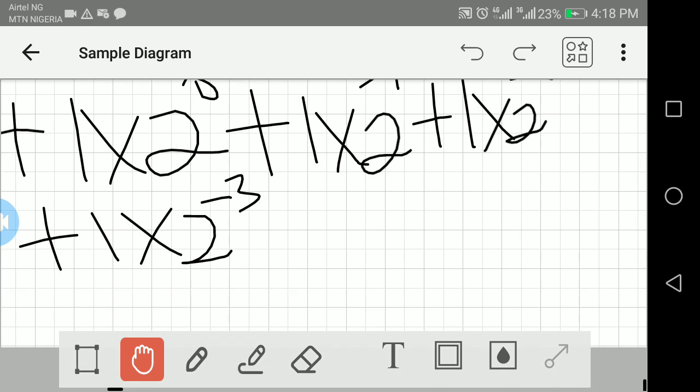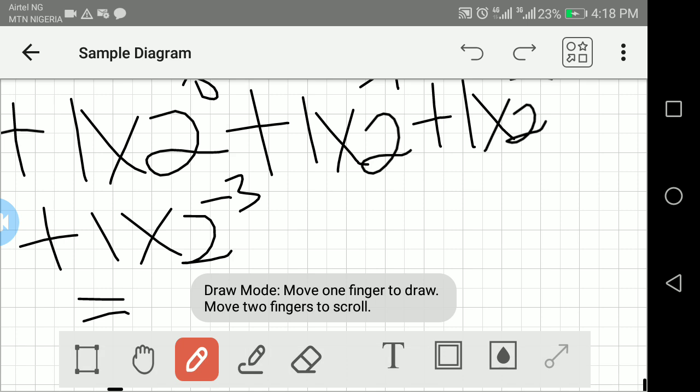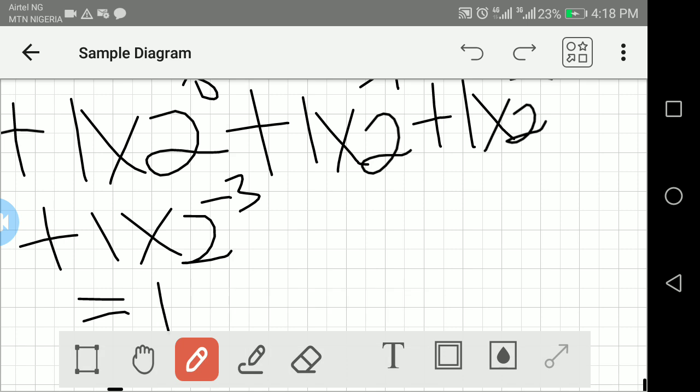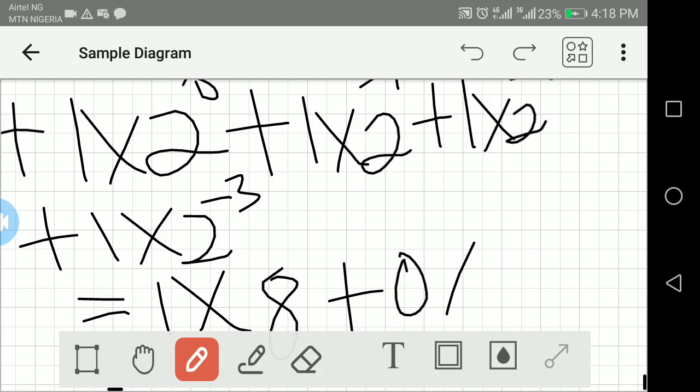Let's simplify. 1 times 2 to the power of 3 is 2 times 2 times 2. 2 times 2 is 4, 4 times 2 is 8. So we have 8 plus 0 times 2 to the power of 2, which is 0.